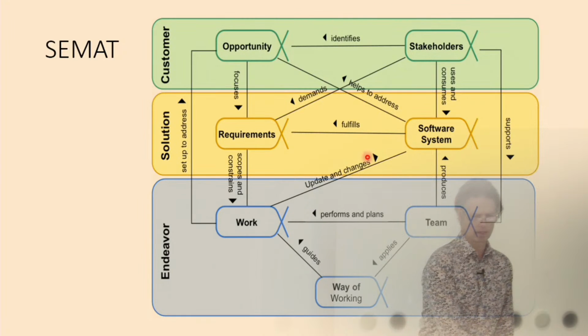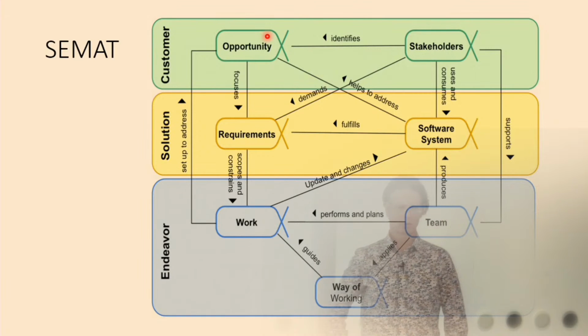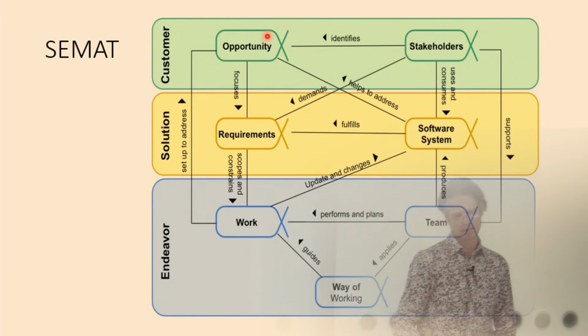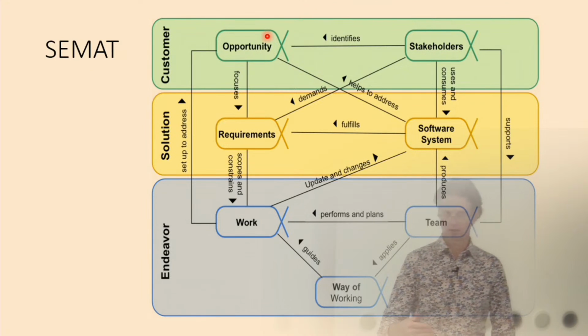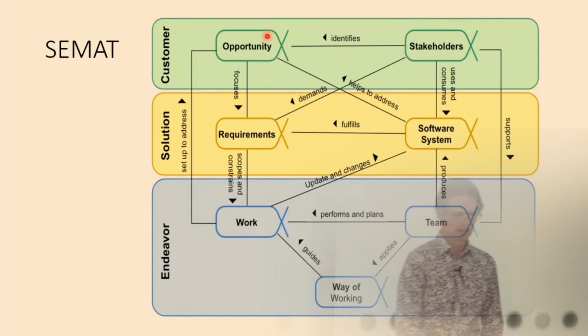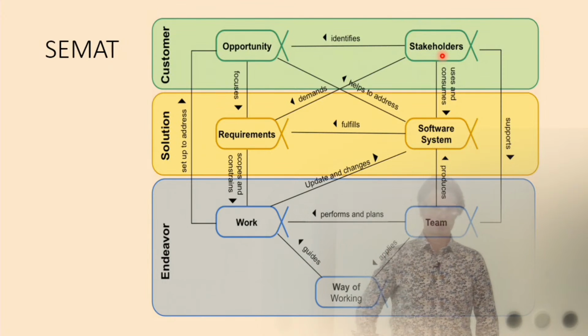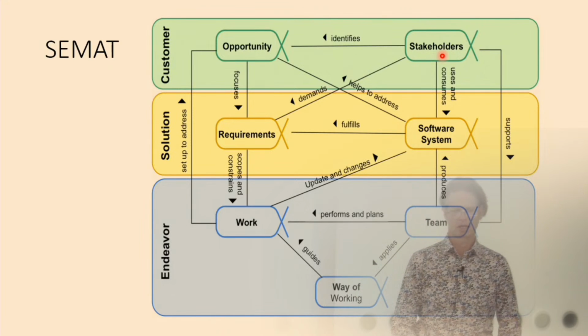Let's assume that you have found an opportunity. Then you need to understand in what state that opportunity is, because if you think it's an opportunity and it's not, then it was a bad idea. And it always is like that when it comes to your stakeholders. If you don't have any, then you have just an idea.